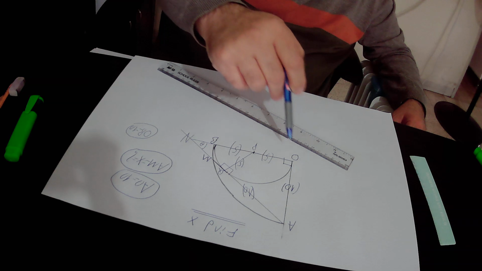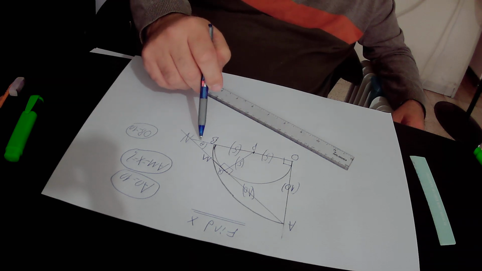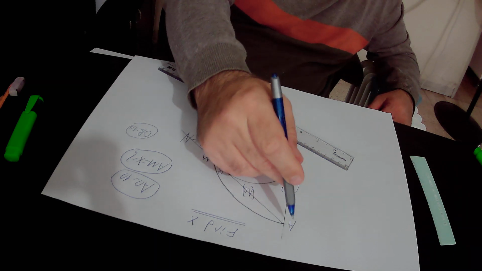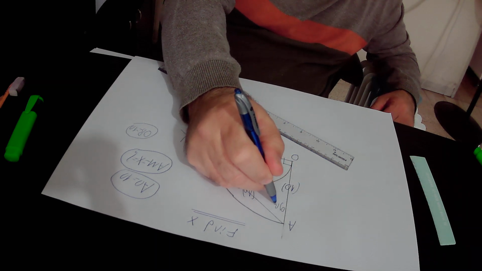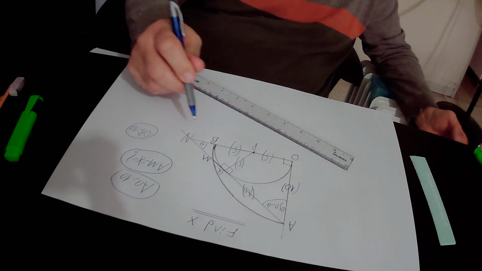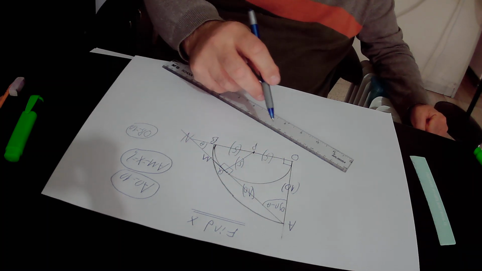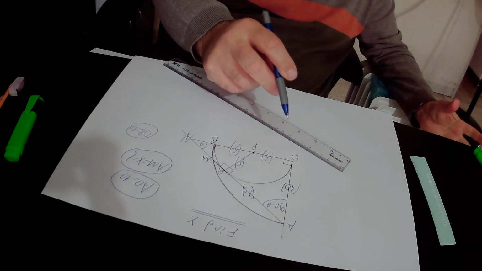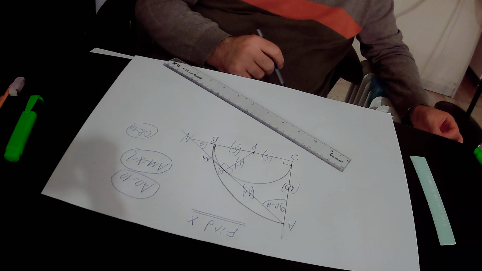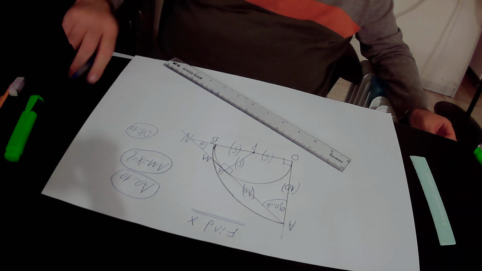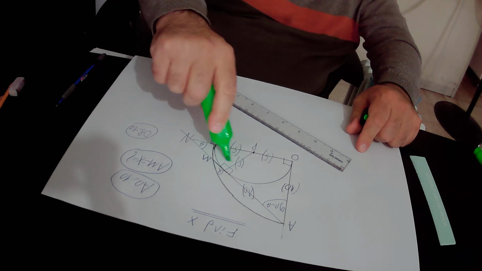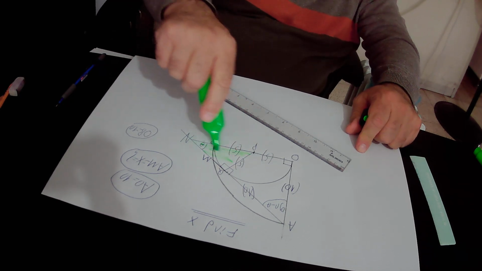In the right big triangle AON, this angle equals theta, this angle equals 90 degrees, therefore the missing angle must be equal to 90 degrees minus theta. Why? Because 90 degrees minus theta plus theta is 90 degrees, and 90 degrees plus 90 degrees is equal to 180 degrees. That is the sum of the angles in any triangle. Likewise, we will focus on the green right small triangle QPN.